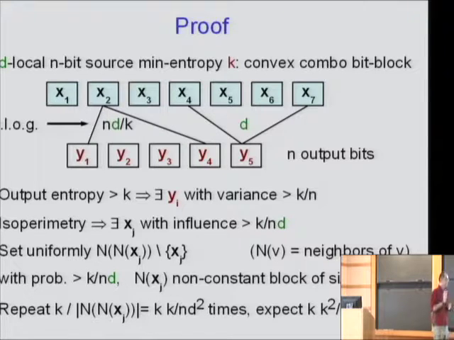First, I'm going to use the same trick as before about the degree. I know that each output bit just depends on a few input bits. So like before, by a Markov argument, many input bits have degree about order d. In fact, in this setting things are a little bit different, because without loss of generality I can assume that every bit here has degree at most nd over k.